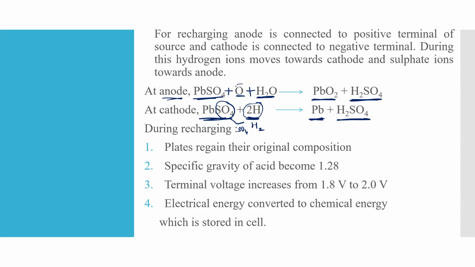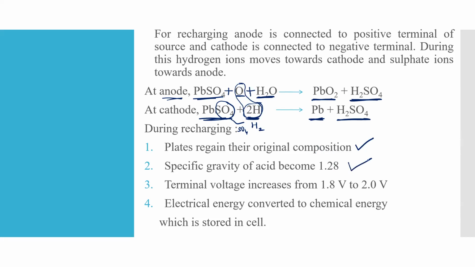And of course, where does this 2H and O come from? They come from H2O, remember, right? And what causes this? It is the flow of current which causes this. So during recharging, the plates will regain their original composition.